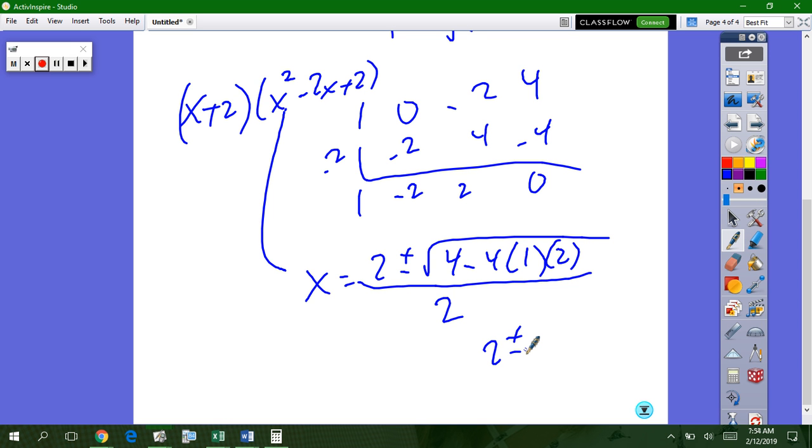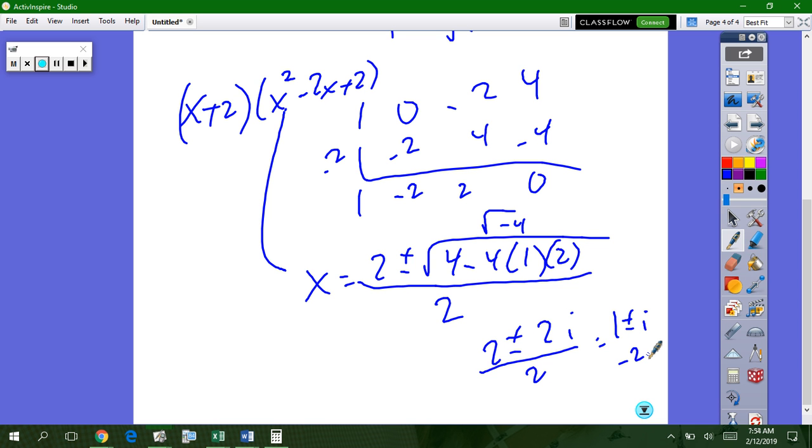What's the square root of negative 4? 2i all over 2. And what do those guys all have in common? 2. So I also have 1 plus or minus i. So what are my 3 zeros? Negative 2, 1 plus i, and 1 minus i. Those are my 3 zeros.